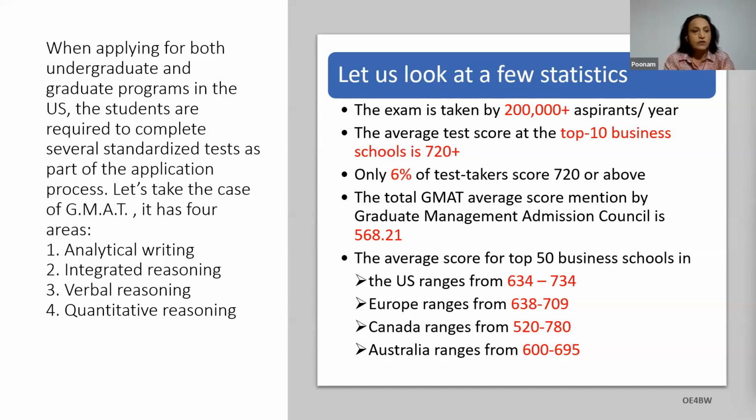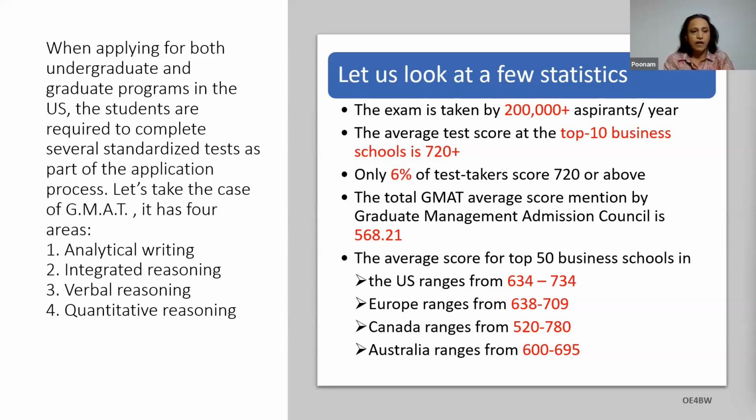According to this council, exam is taken by 200,000 plus aspirants every year. And the average test score at the top 10 business schools is 720 plus. The problem is that only 6% of the test takers score 720 or above.